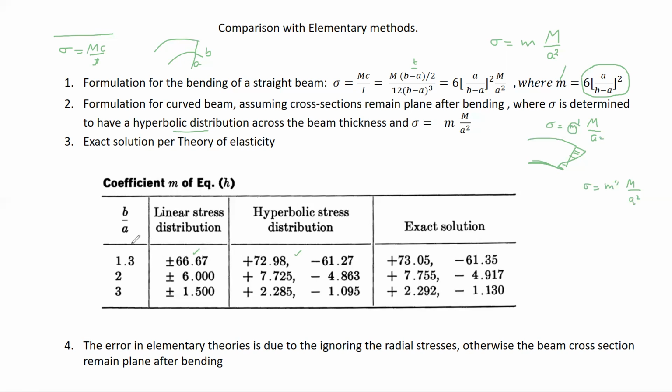As b over a increases, the variation from the linear would be significant. This one assumes maximum stress 1.5 times m over a squared, for example, and this one is at least 70-80% larger than the other.